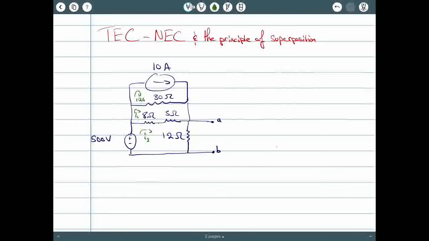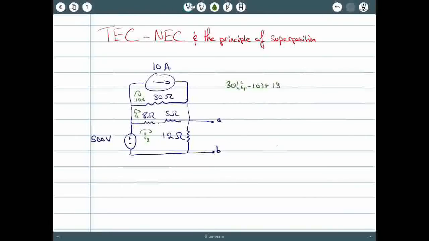Now let's start writing the mesh current equations. So let's start off with 30 into I1 minus 10. I'm sorry, this is a 10 here, not a 12. Mistake. Okay. Plus, that's just 13.